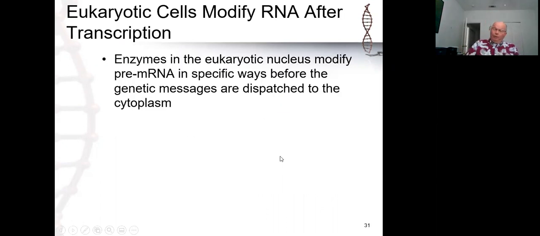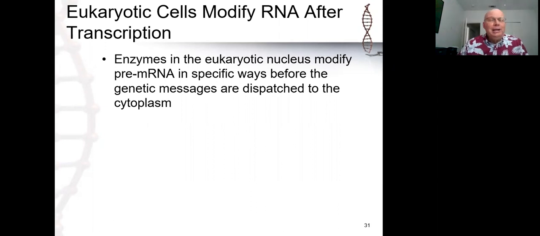Oh, sorry. We've got to look at the editing of the RNA, the post-transcriptional editing of the RNA. So why do we need to edit the eukaryotic transcript post-transcription? Well, for two specific reasons.